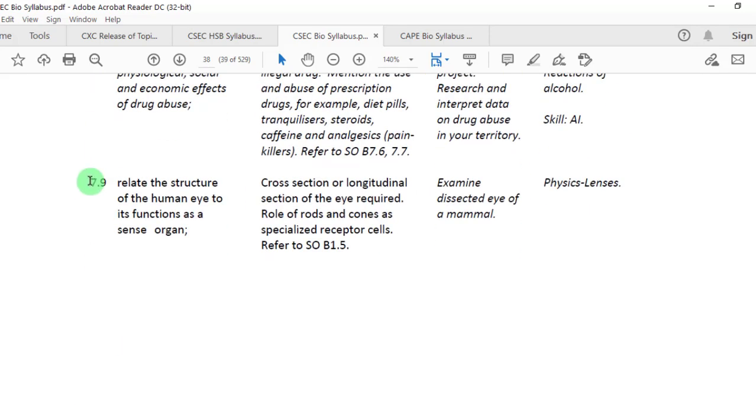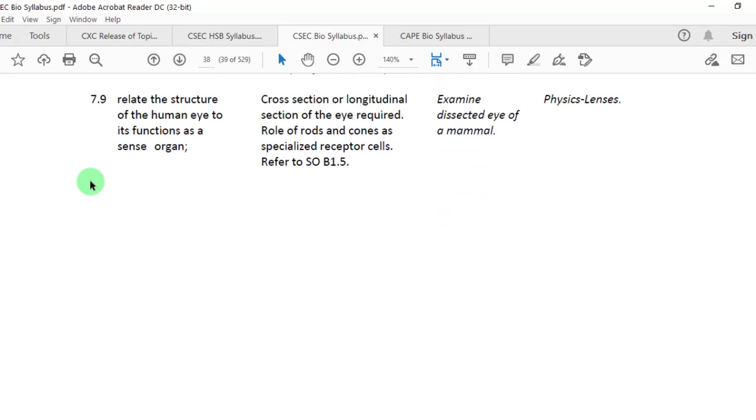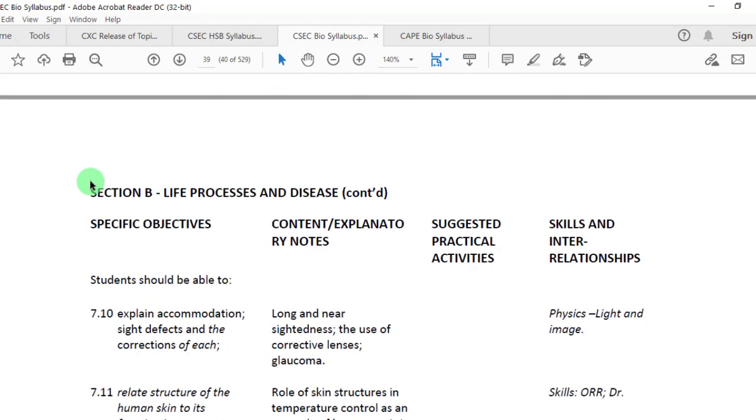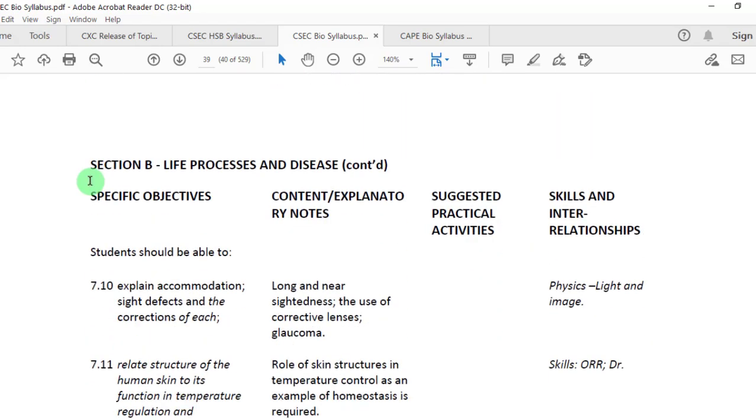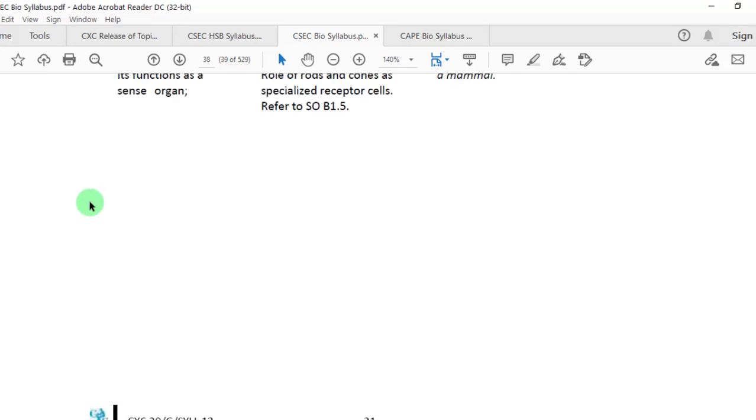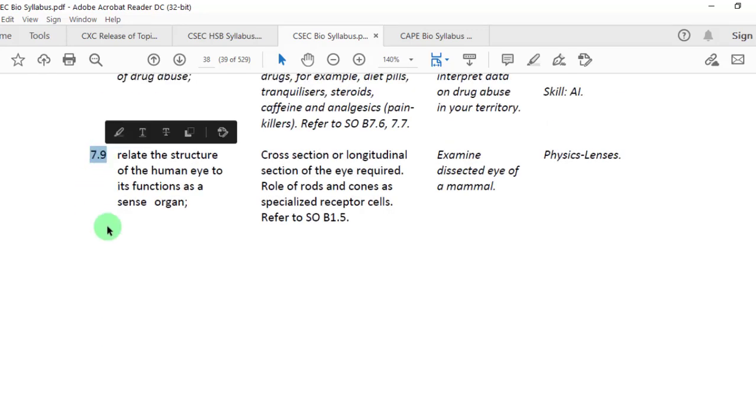There we go. Objective 7.9 and 7.10. Now, remember it's paper 3, so what kind of focus are we looking at here?